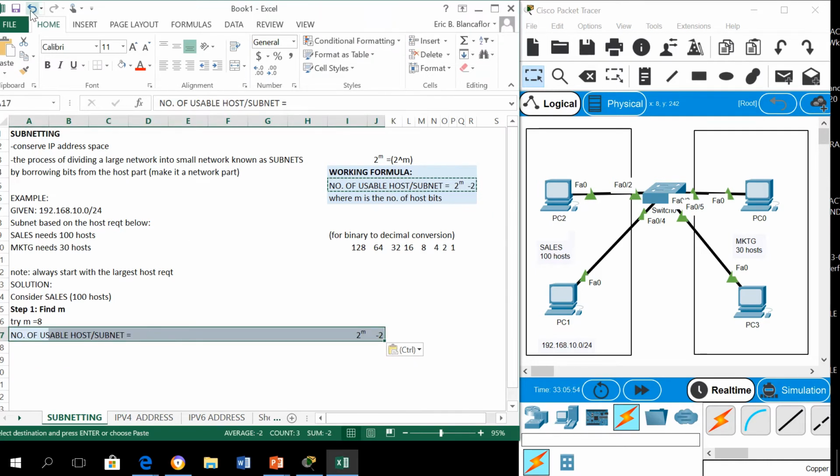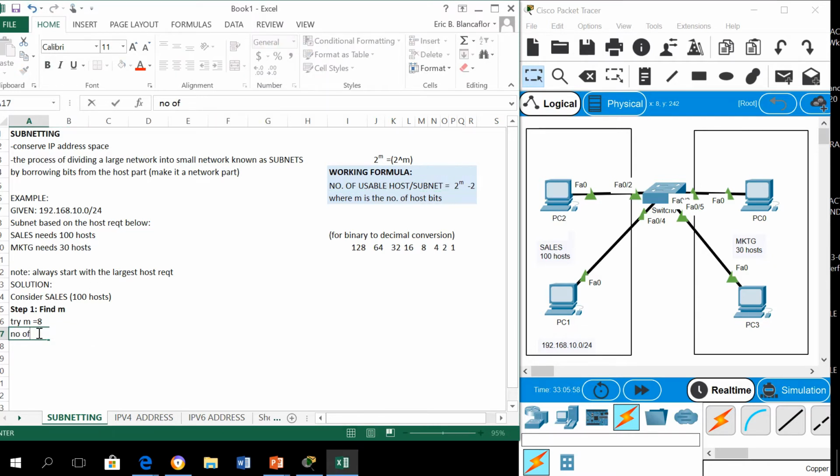The number of usable hosts per subnet is equal to 2 raised to M minus 2. If M is equal to 8, that's the default, so 2 raised to 8 minus 2 is 254 hosts.